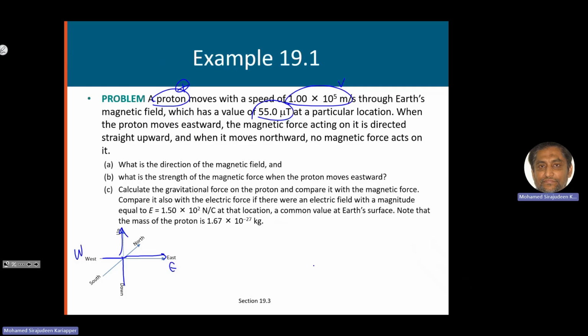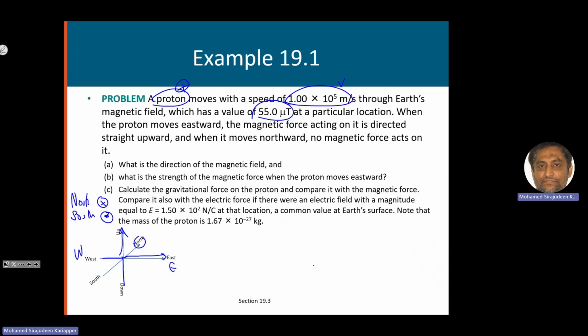North will be into the board. We cannot really show into the board, it's a two-dimensional thing, so north is shown like this: the cross means into the board, and south would be a dot in a circle.